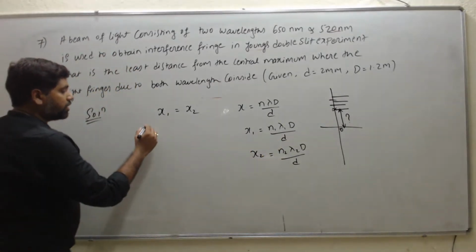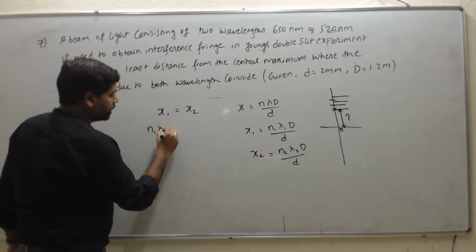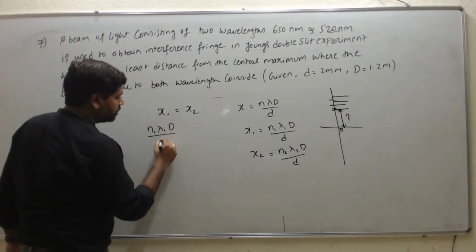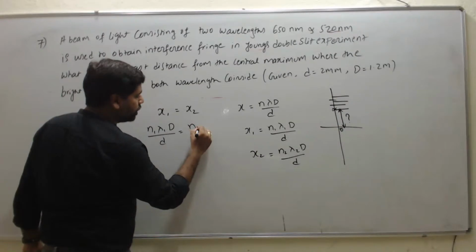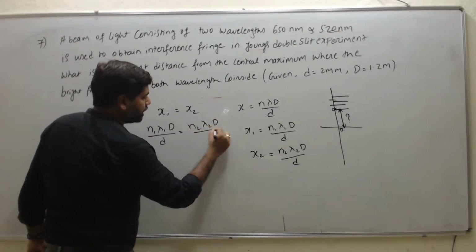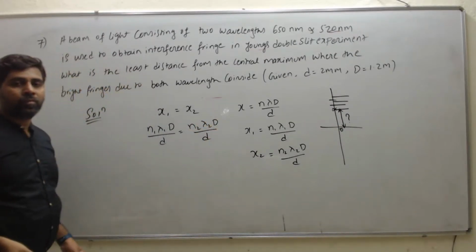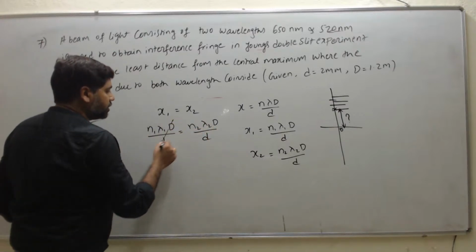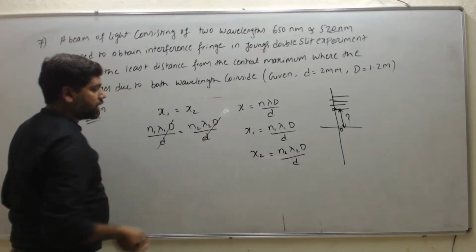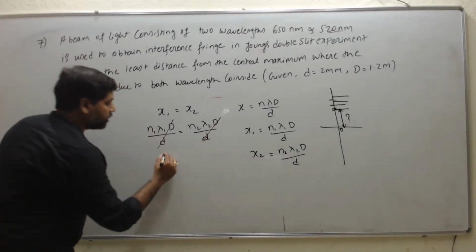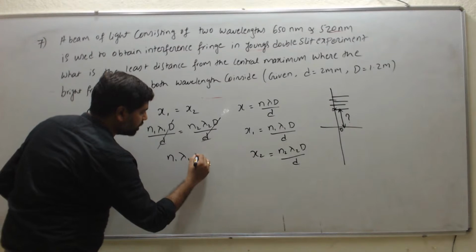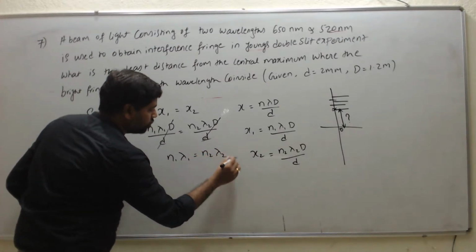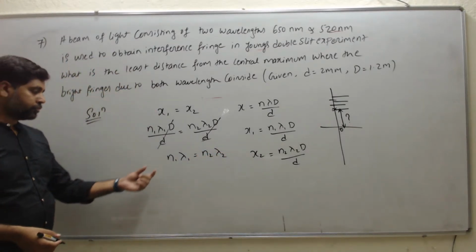Then we substitute here, we get n1 lambda 1 D divided by d equals n2 lambda 2 D divided by d. So in the LHS and RHS we have the same terms, then we can cancel these terms, right? So remaining is n1 lambda 1 equals n2 lambda 2.